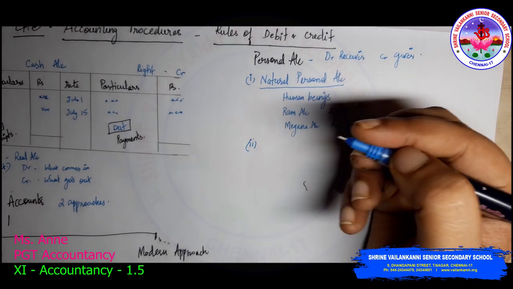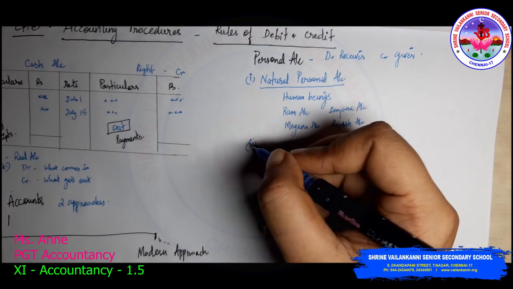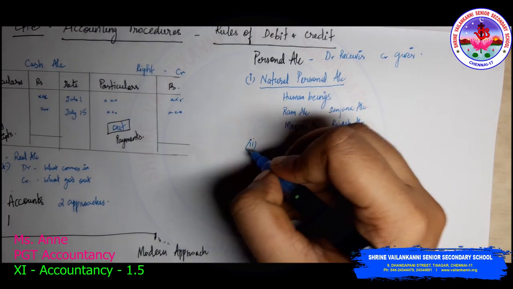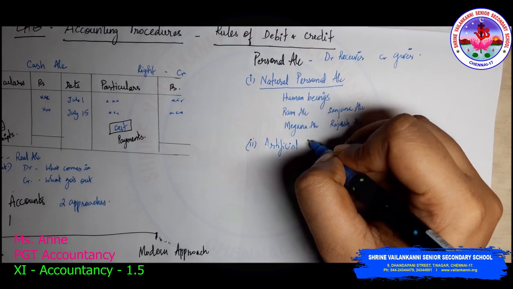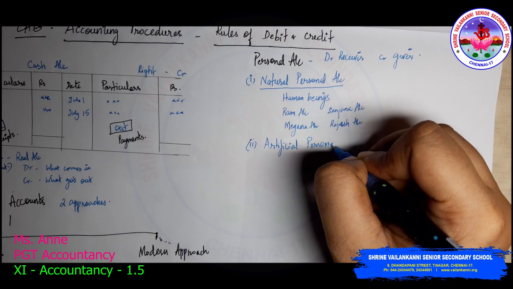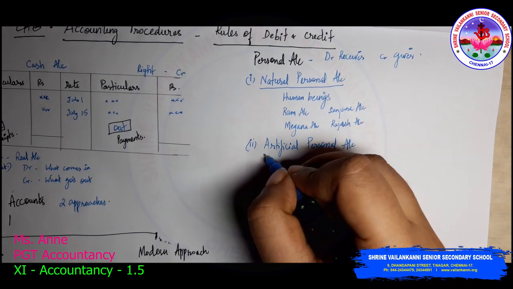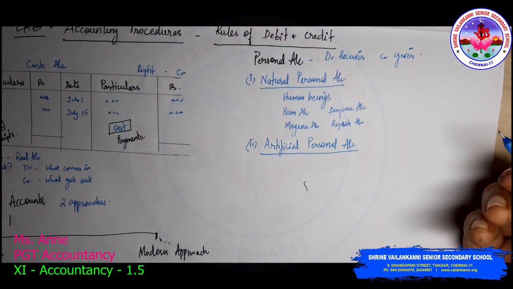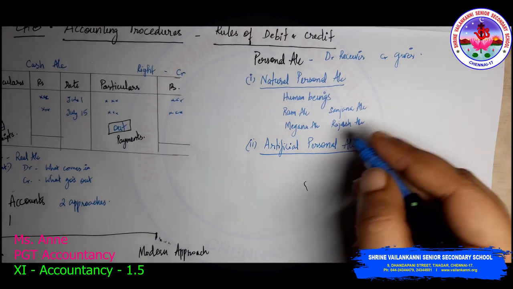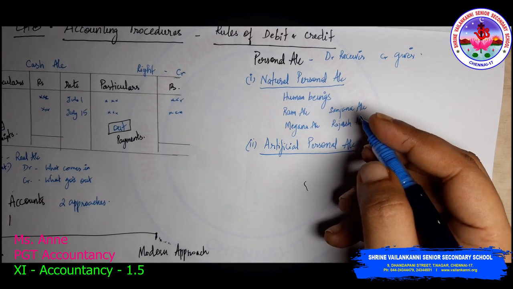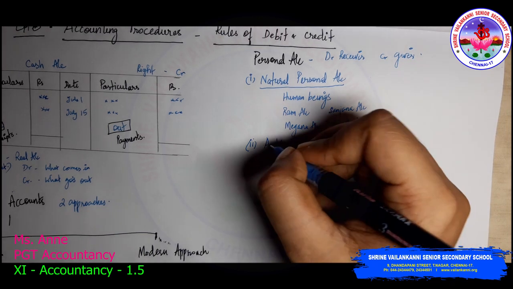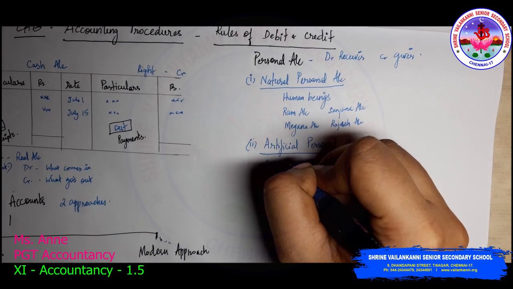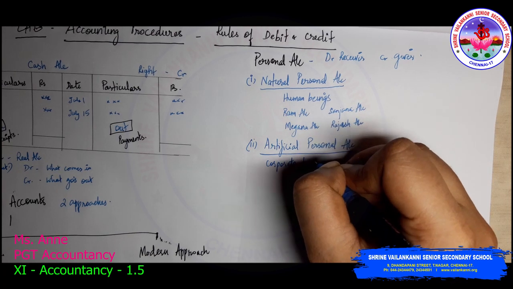Then the second account after natural personal account is artificial personal account. They are artificially created. Don't think that it's robo or things like that. Artificial personal accounts are those accounts that involve corporate bodies.